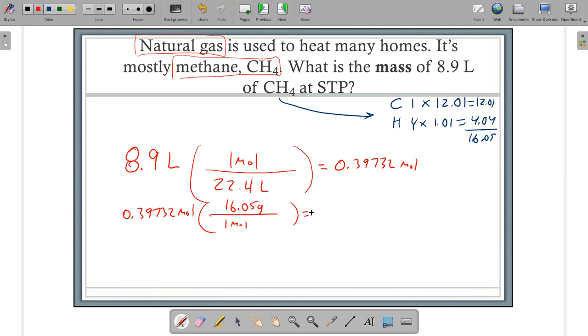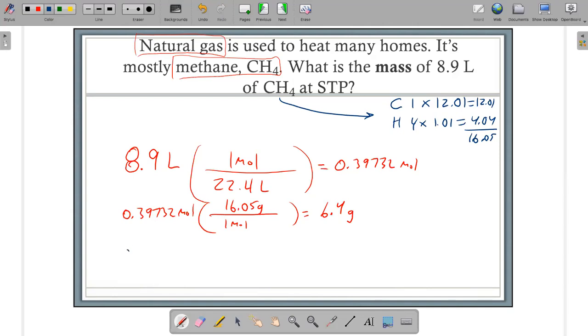So now, 16.05, or if you leave it in your calculator, then you can just multiply the answer by whatever, 6.3, I guess we have two significant figures, so 6.4 grams. But there's another way to do it, and that's that you can put conversion factors right beside each other.